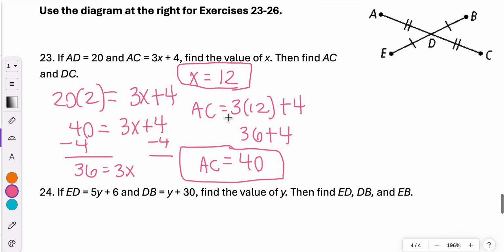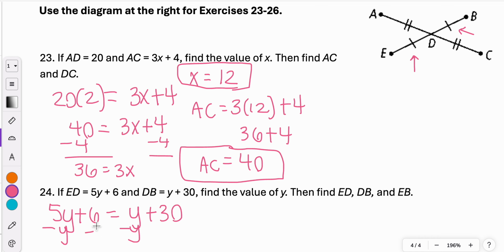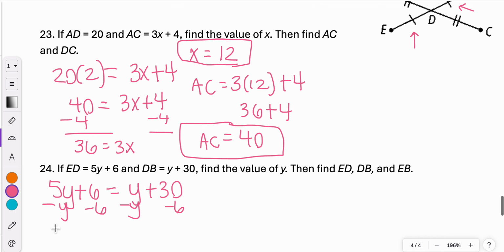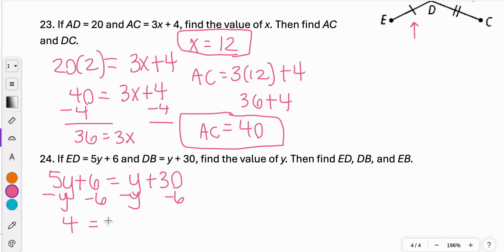Okay, if ED is 5y plus 6 and DB is y plus 30, find the value of y. So ED and DB are equal. They're showing that with our tick marks here. So 5y plus 6 is equal to y plus 30. Let's solve for y and then find ED, DB, and EB. So moving all my y's to the left side, moving my 6 to the right, I'm going to get 4y is equal to 24.